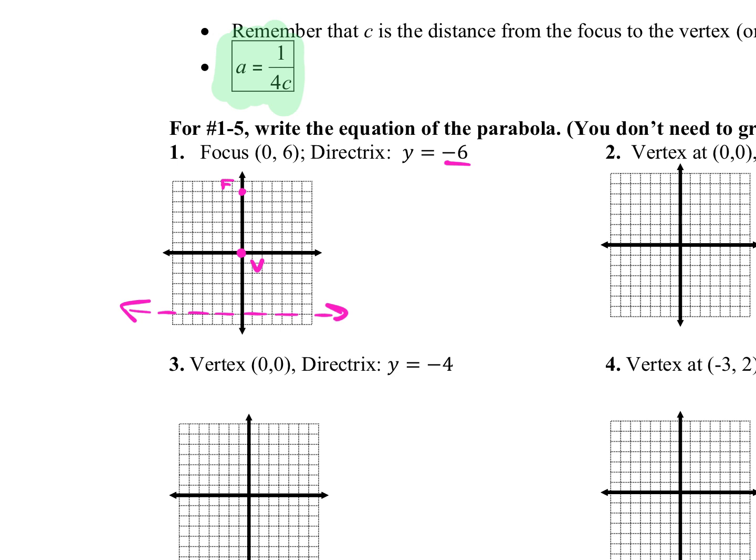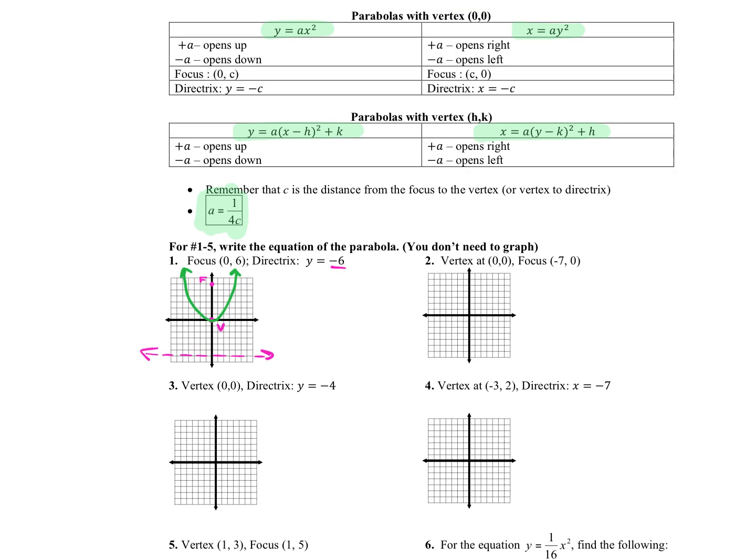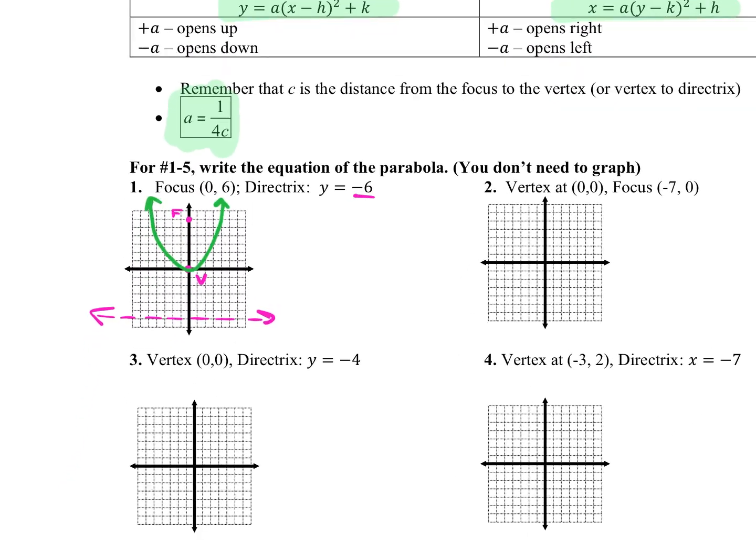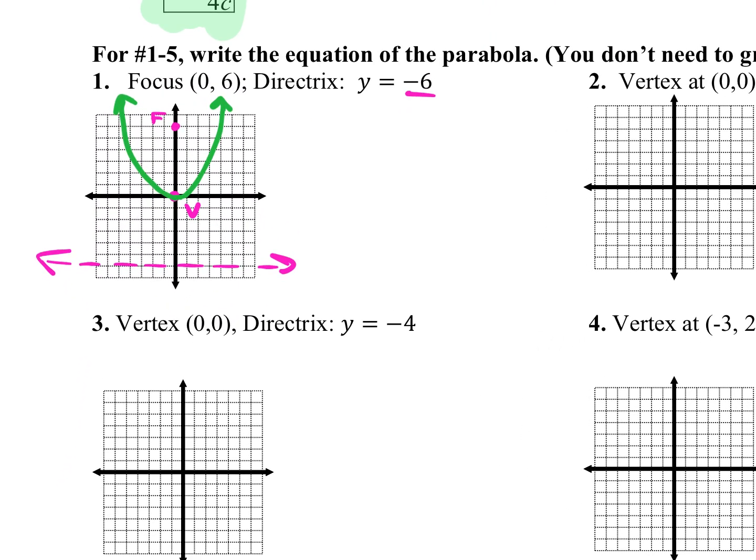Does this open up, down, left, or right? Up. This opens up. So it's going to look something like this. Because it is at 0, 0, it's going to be one of these. Which one? Y equals or X equals? Y equals. When it's up and down, it's Y equals. So Y equals AX squared will be your equation.